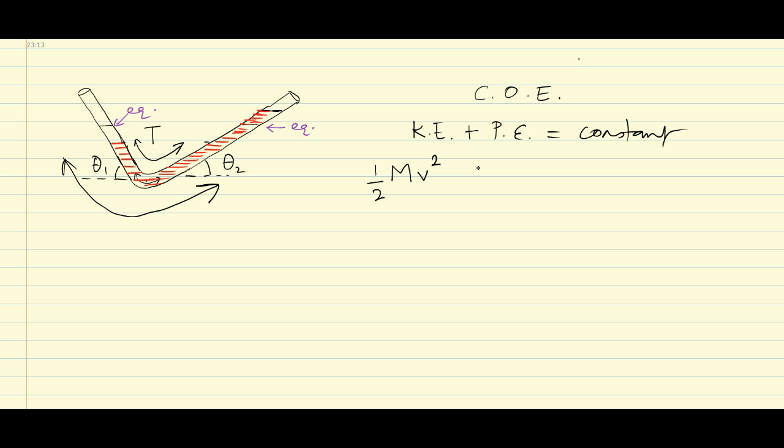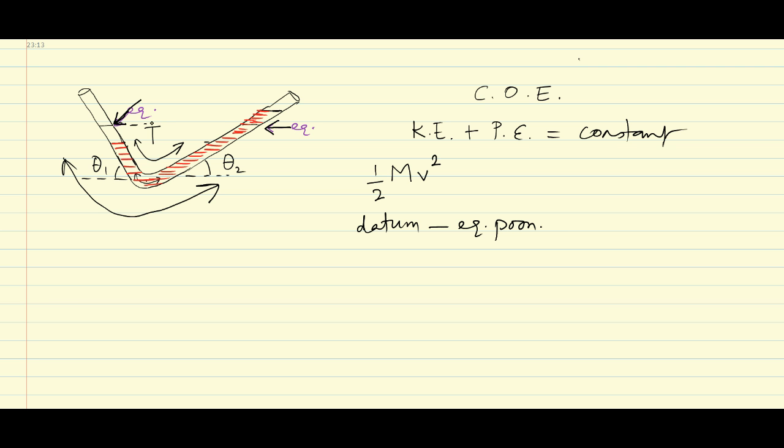Now let's consider the potential energy. For the potential energy, we first have to define the zero reference, or the datum, of the potential energy, and we'll assume that the equilibrium position of the liquid corresponds to the datum of potential energy. In other words, in equilibrium the levels of the liquid in the left arm and the right arm will be the same.